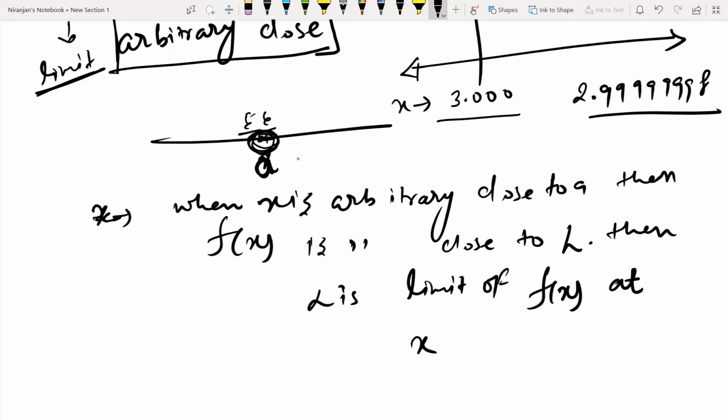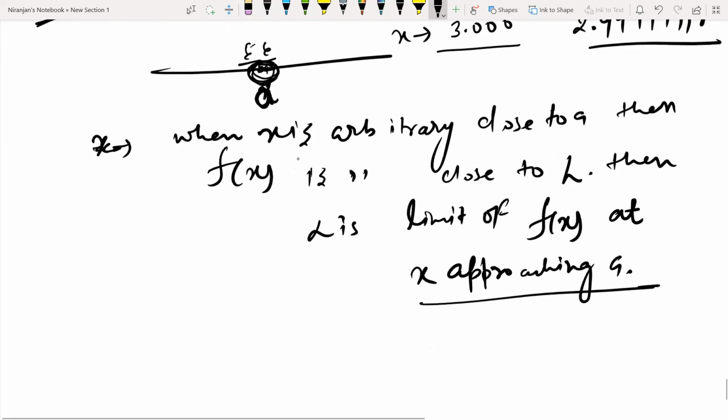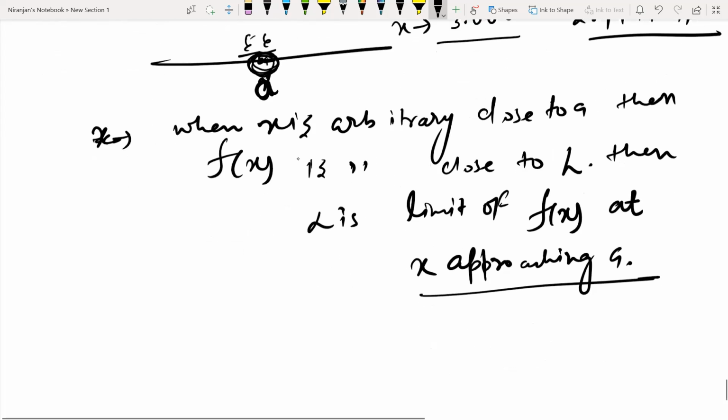People say it every time, and they are wrong: x is not equal to a, x is approaching a. If you guys know David Jason, he would be really upset if you say that x is equal to a. I don't know if you have watched his lectures or not.